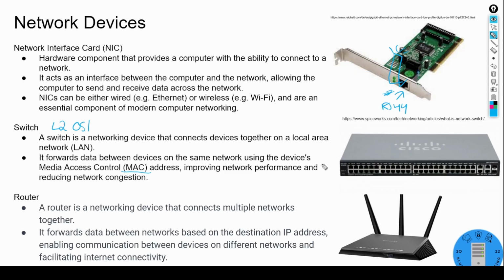It's going to forward data between devices on the same network using the device's MAC address. I would definitely know what a MAC address is. We're going to cover that in depth later. It is a media access control address, and it's going to be something we call a physical address, and it's going to be unique to each device on the network or in the world, really.